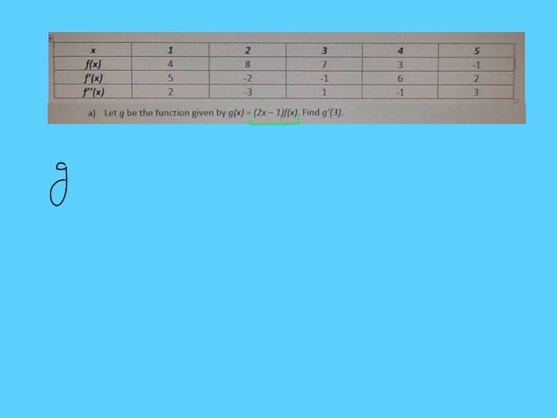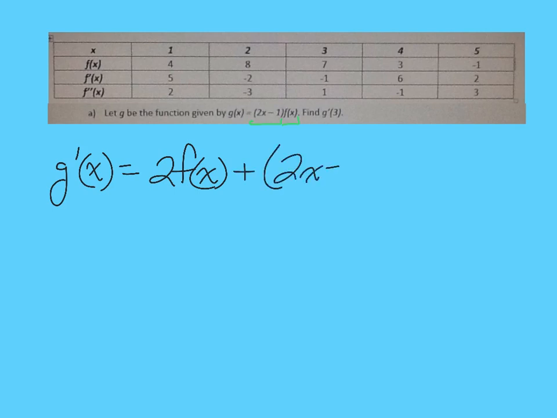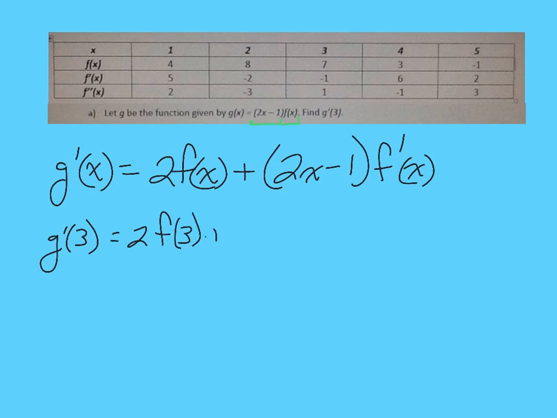That means g prime of x is the derivative of the first times the second plus the first times the derivative of the second. So that is really just a quick product rule. We want g prime evaluated at 3, so we're just going to substitute that in: 2 times 3 minus 1 times f prime of 3.